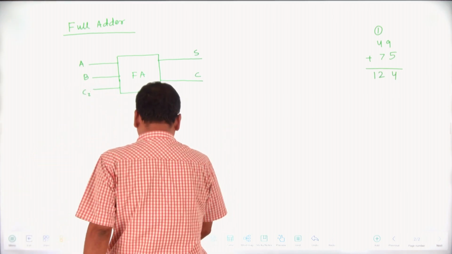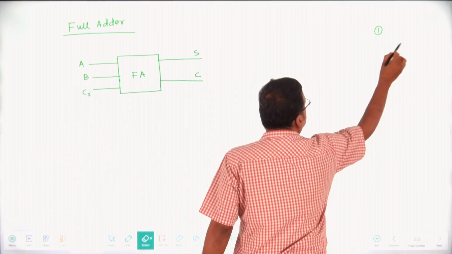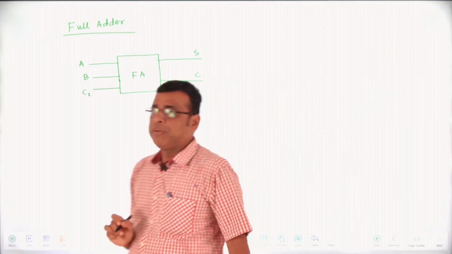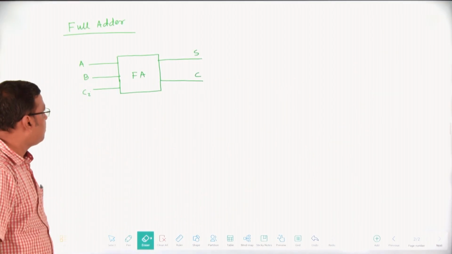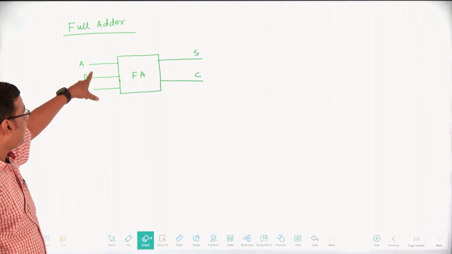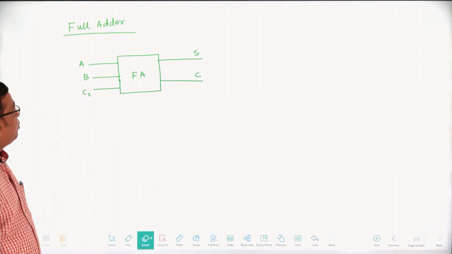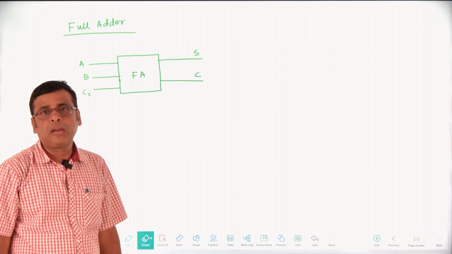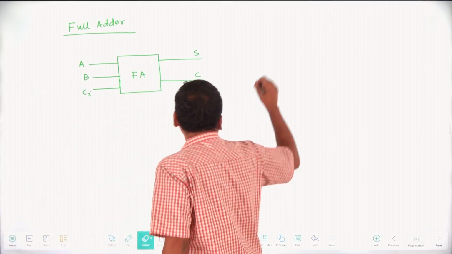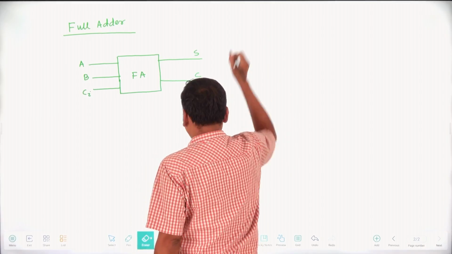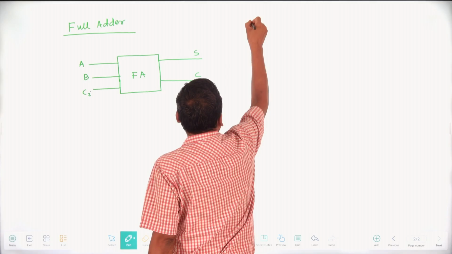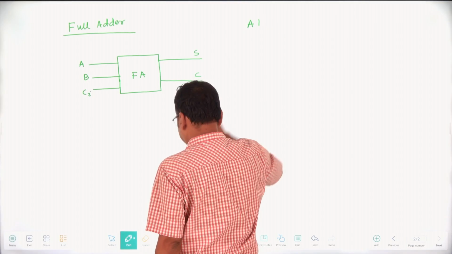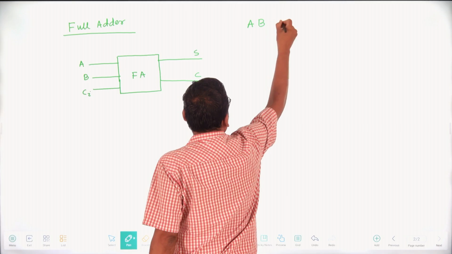How to prepare the truth table to design the combinational logic circuit full adder. In case of full adder, notice there are 3 inputs. If there are 3 inputs, how many combinations? There are 8 combinations. So first of all prepare the truth table with A, B and CI.